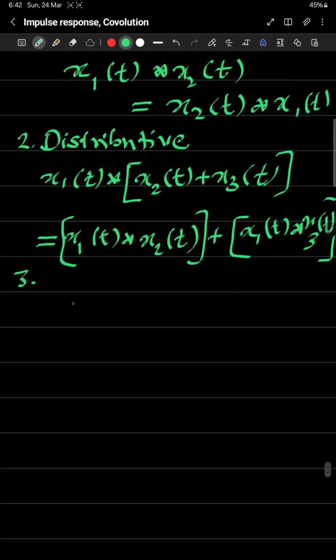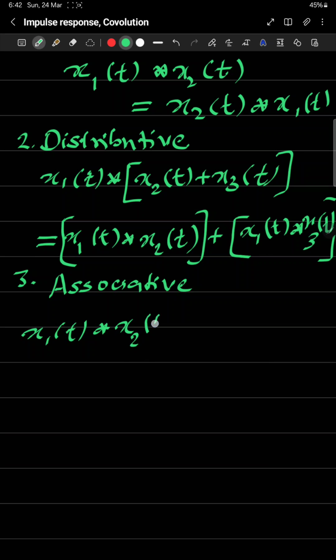Third one is the associative property. That means if you have three signals, x1 of t, x2 of t and x3 of t, and you have to perform convolution between these three, you can perform it in any order.